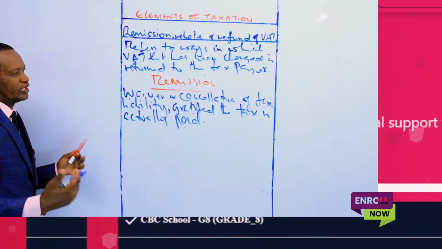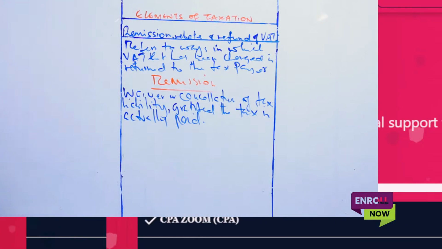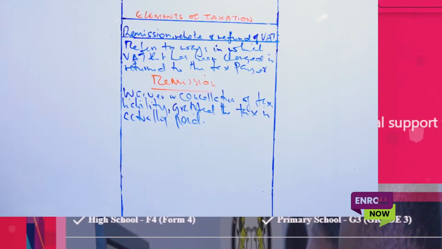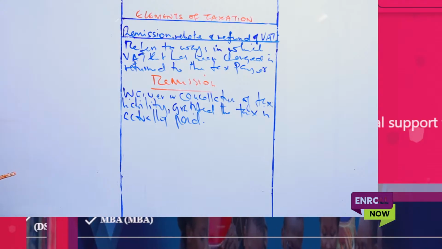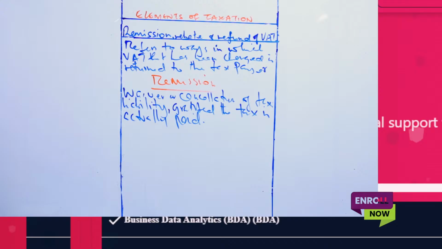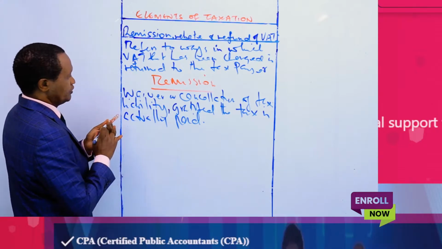The taxpayer is no longer required to meet this liability. And it's typically applied for specific purposes or for certain categories of goods or services. You understand?